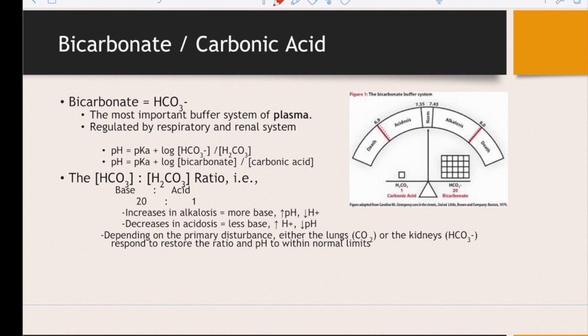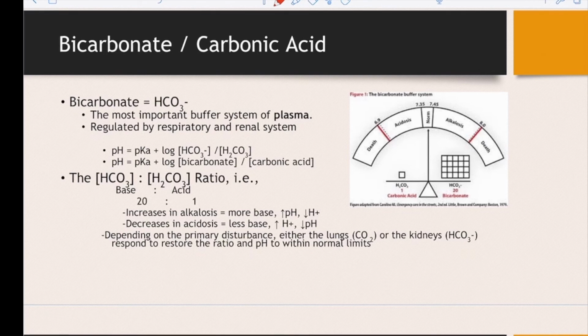Here we just break down that bicarbonate, or HCO3 negative, is the most important buffer system of plasma, this bicarbonate carbonic acid buffer system. And it is regulated by two separate systems in the body. So not just the respiratory system, but also the renal system.